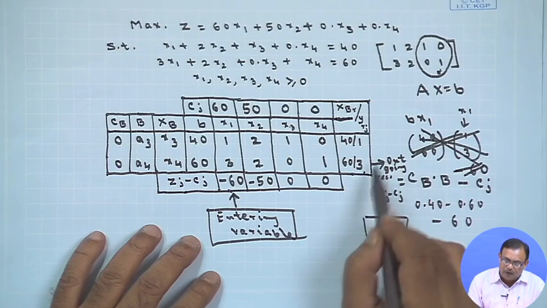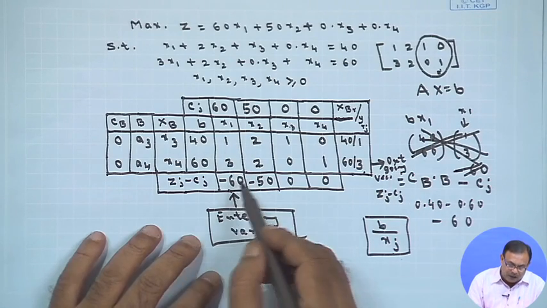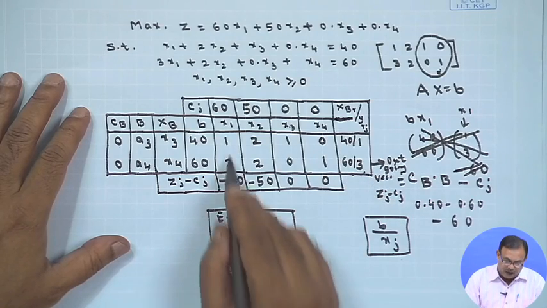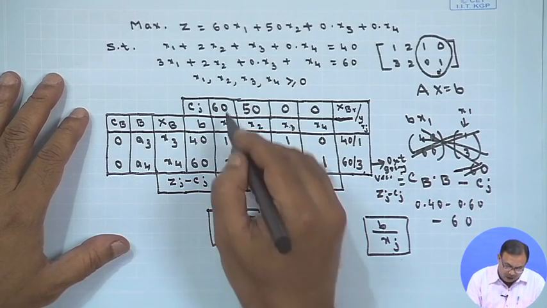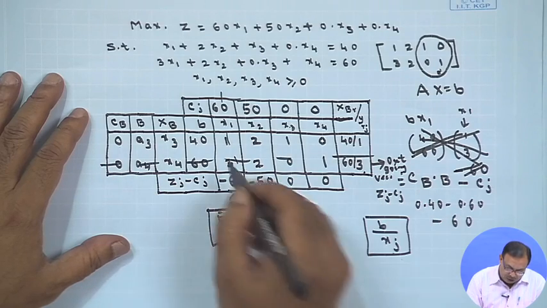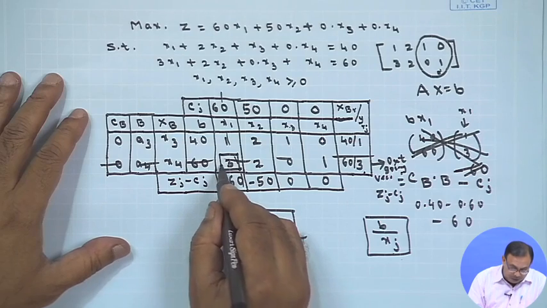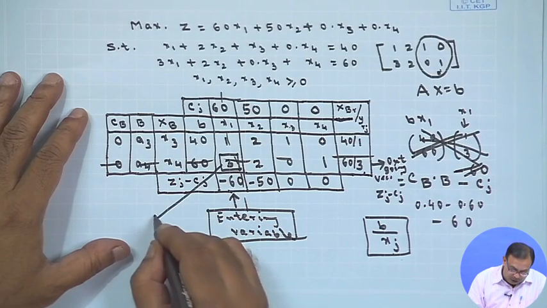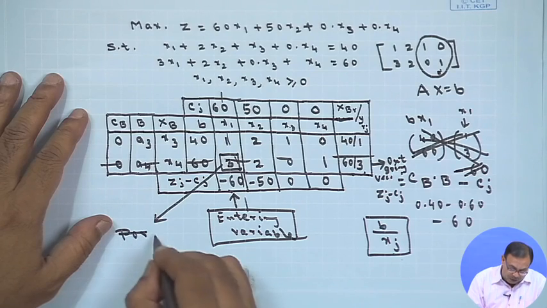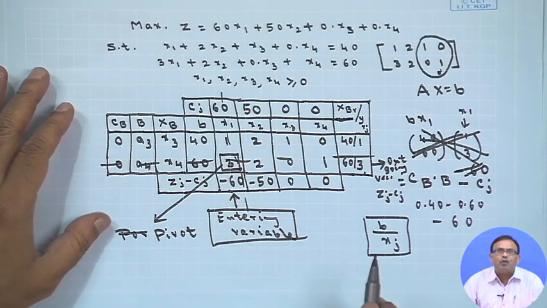So, the outgoing variable will be x4 and the incoming vector will be this one. If I draw a line, the column corresponding to this is this, the outgoing is this. So, they meet at a point, 3 say. Here this we call the pivot element, and this value we will see what to do.